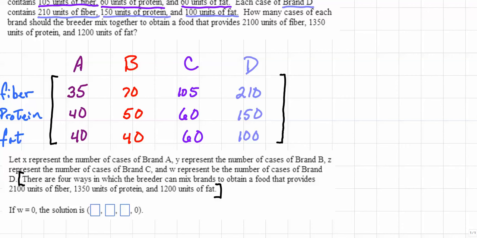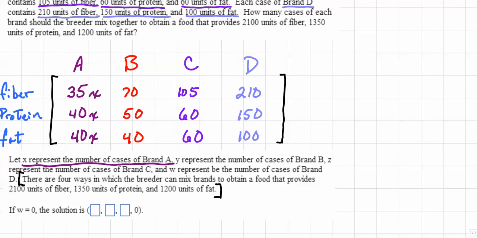Okay, so if we're going to let X represent the number of cases of brand A, I can simply write X's right here, because that would be the number of cases, and I multiply that with the number of units of fiber, protein, and fat, and I know what's in each case.